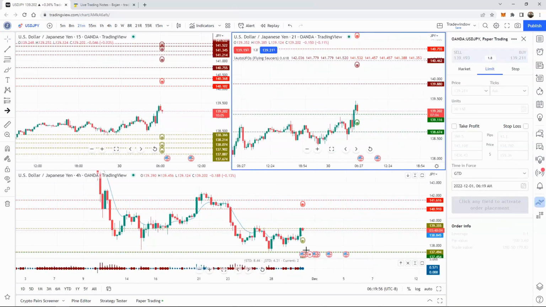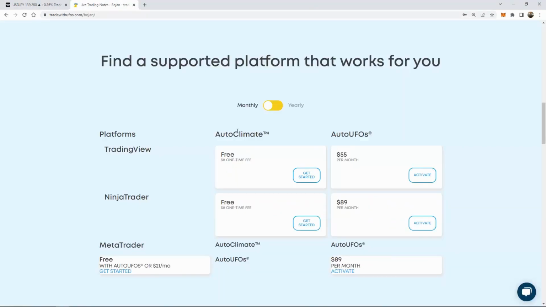And of course, if there's any questions, any comments, please let me know. Pedro: if it is locked on TradingView, it doesn't show on the Oanda indicators. How can we access it? If you just go to the auto climate, we do have it available for NinjaTrader, TradingView, and MetaTrader. So those are the 3 platforms it's available on.